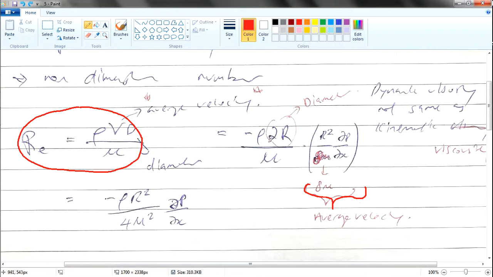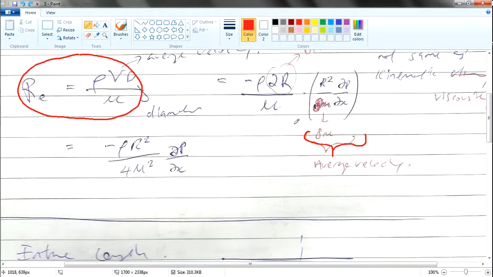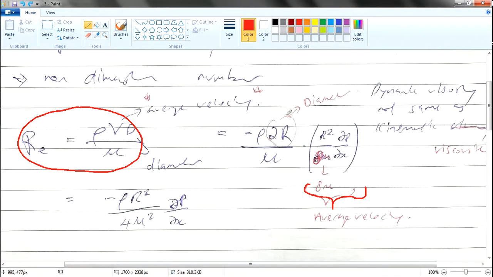Density and viscosity stay the same. If I multiply all of them together, mu times 8 nu, you have nu squared, and since 2 divided by 8 is 1 quarter, that's why you have a quarter nu squared over here.